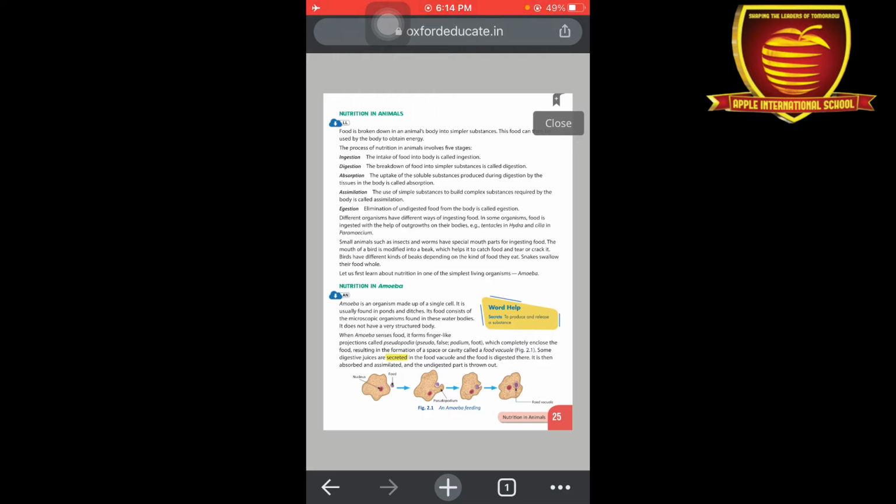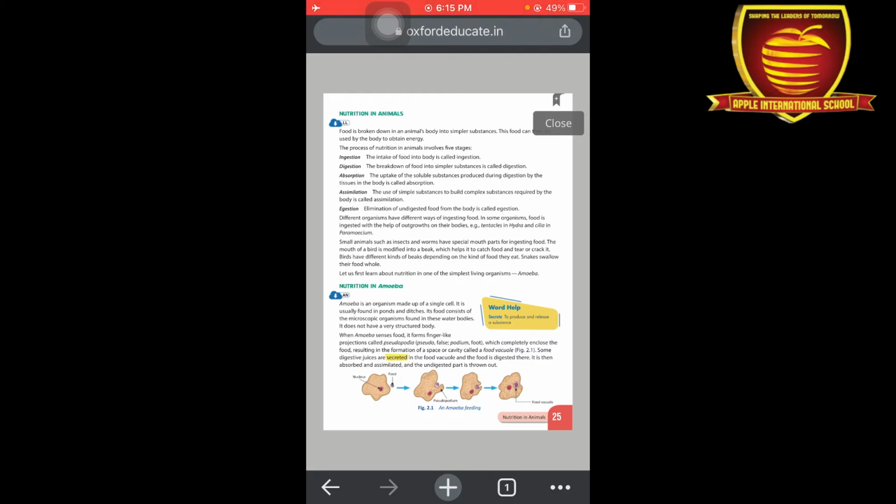Next one is assimilation. Assimilation means that the material we absorb through the digestion process must now be transported to all our body parts. The last process is egestion.